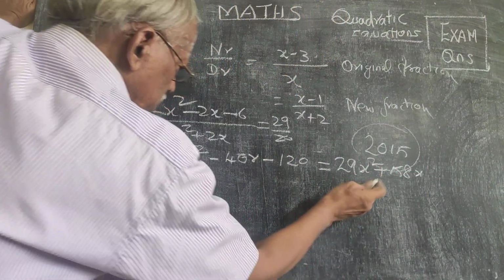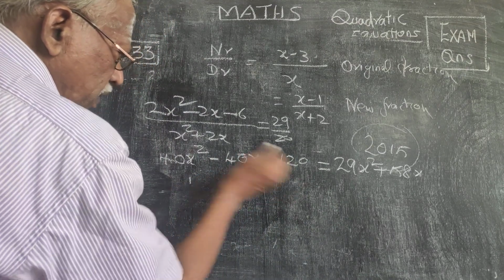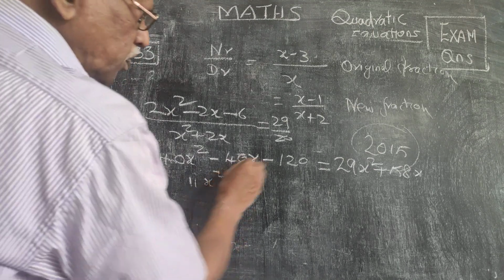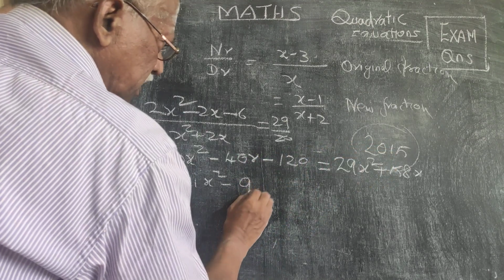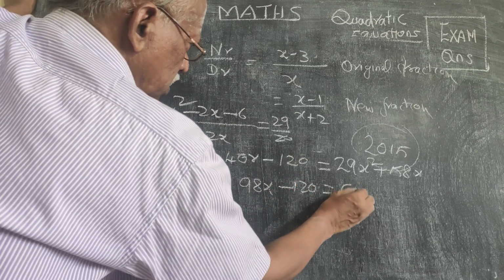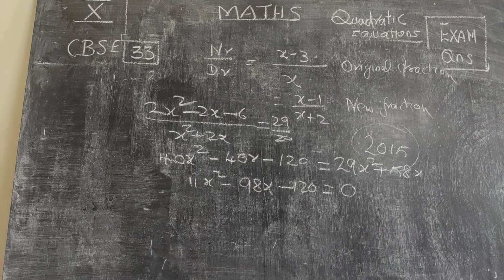Taking all to one side, 40 minus 29, so 11x square, minus 40 and minus 58, so minus 98x, minus 120 equal to 0. We multiplied by the 29 by 20 they have given.